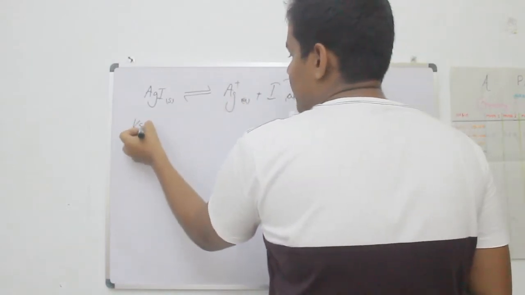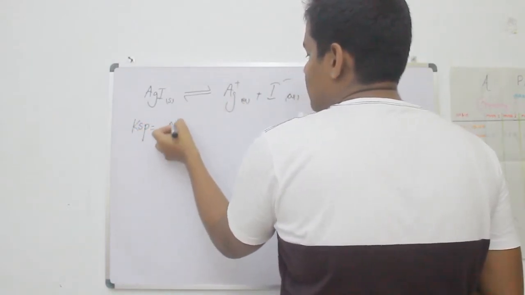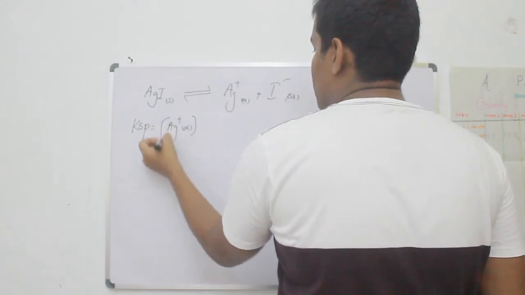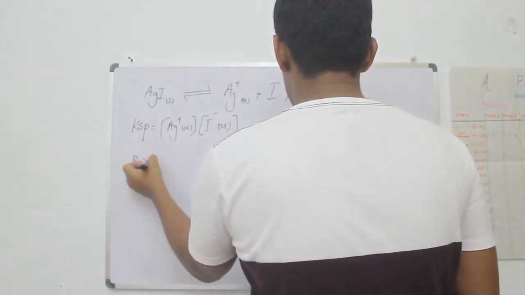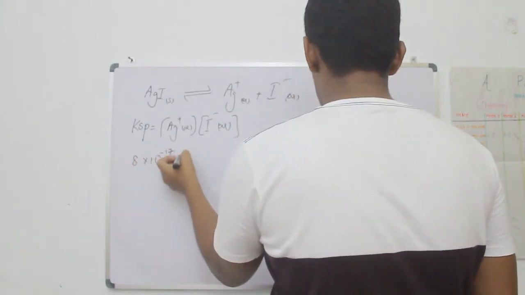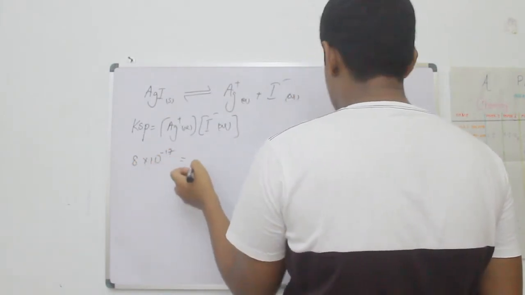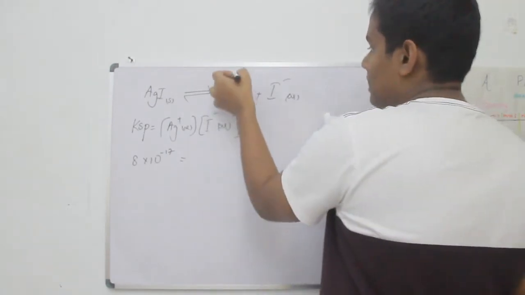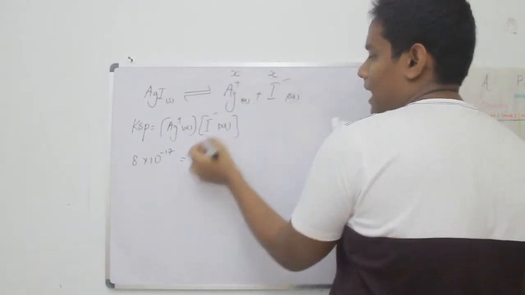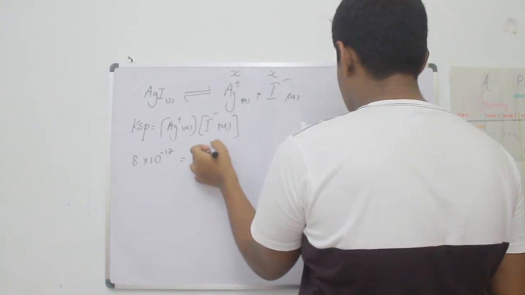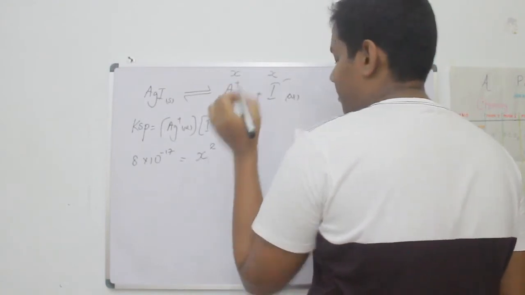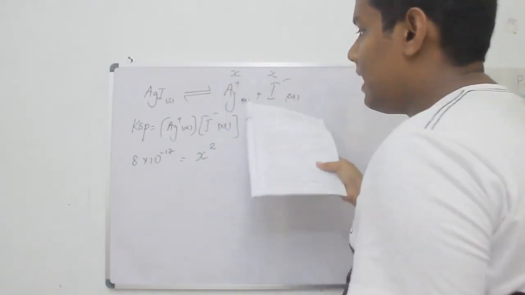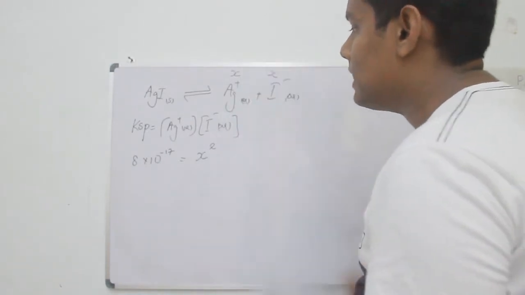So Ksp equals Ag plus concentration times I minus concentration, which is given as 1.8 times 10 to the power minus 17 mole squared dm to the minus 6. If I consider this to be x, this also will be x, so this will be x squared.